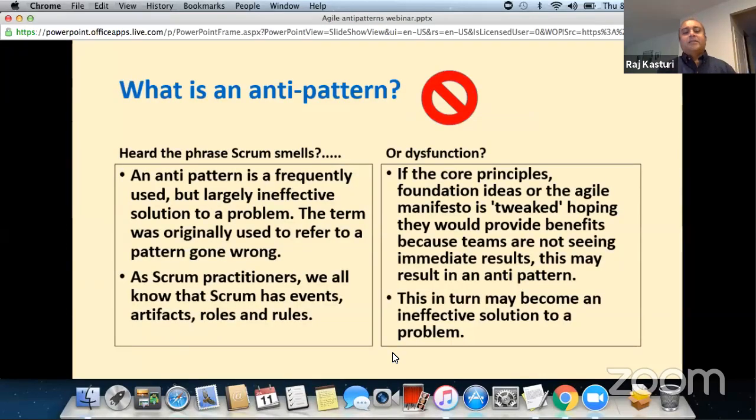So what is an anti-pattern? You might have heard the phrase Scrum smells, or is it a dysfunction, or something where we try to solve a problem by providing a solution which feels like it's out of the box.